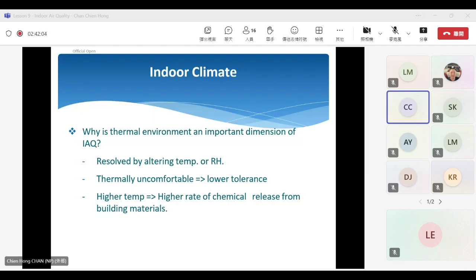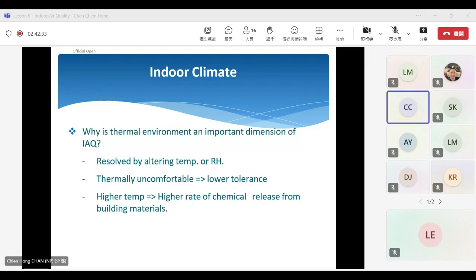Okay? So thermal comfort means our body feels comfortable with the thermal environment, meaning its sensation of the air temperature and the relative humidity, right? The amount of moisture in the air. Okay?